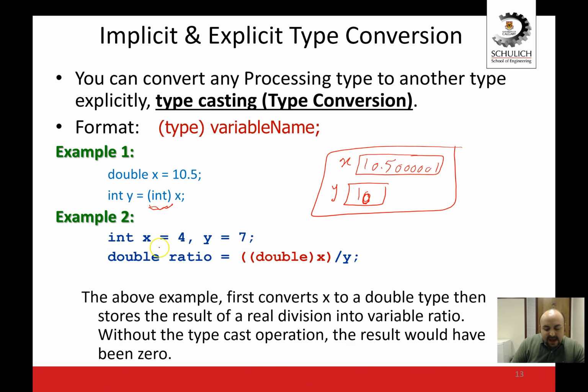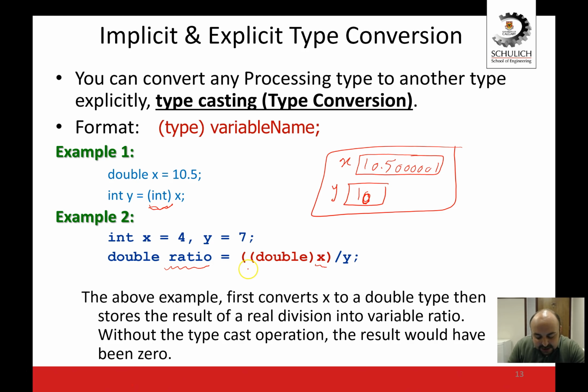So if we have int x equals 4 and y equals 7, and we have double ratio, here we have two integers, but because we are typecasting x as a double here, the result is going to be a double.